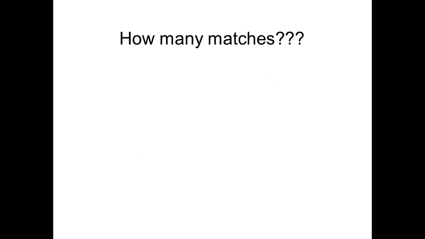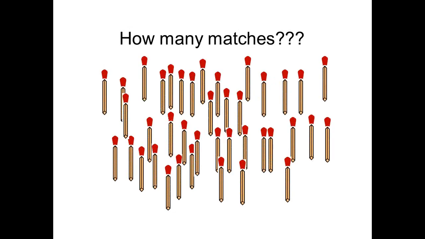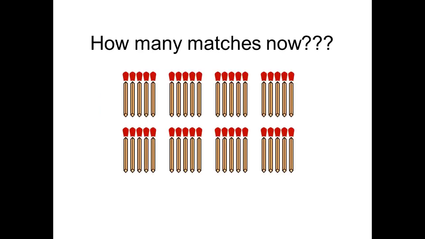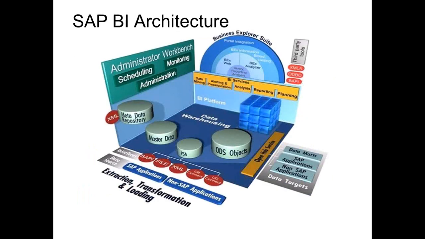The idea of the BW environment is to channelize all the data you have from ECC, organize it, and handle the entire analytics independent of any performance issues on the ECC system.